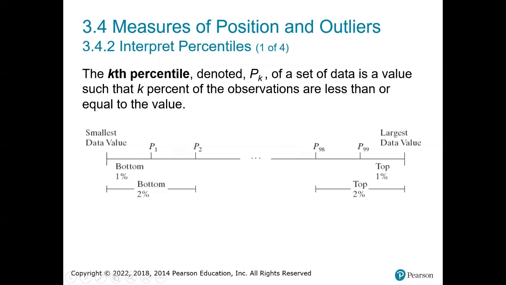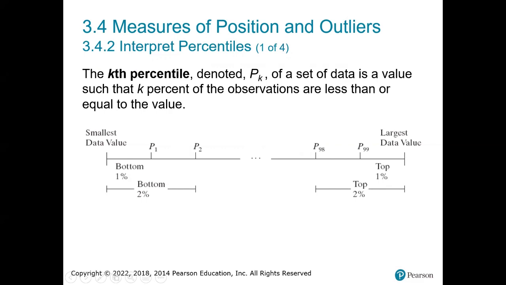The most common example is state testing, where it will tell you your child scored in the 62nd percentile. What that means is they scored above 62% of people. So 62% score below what they got, and 38% scored above what they got.